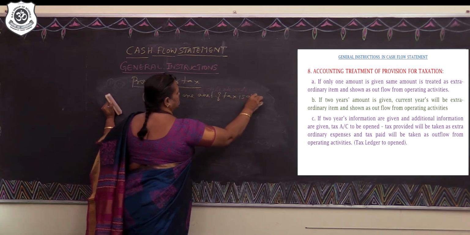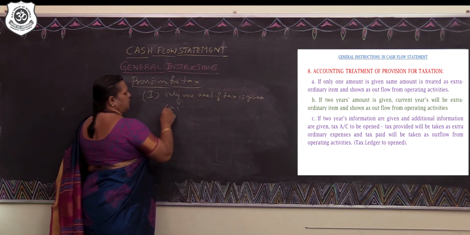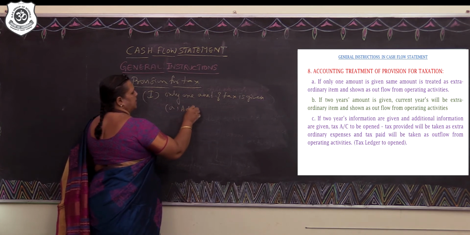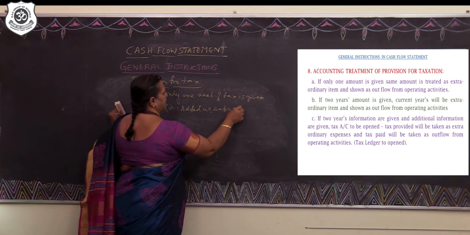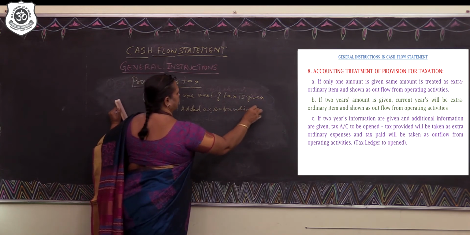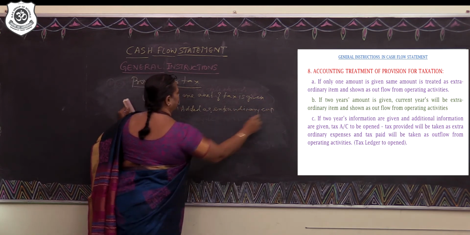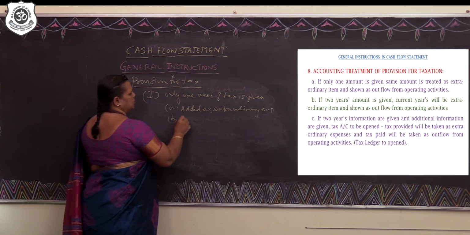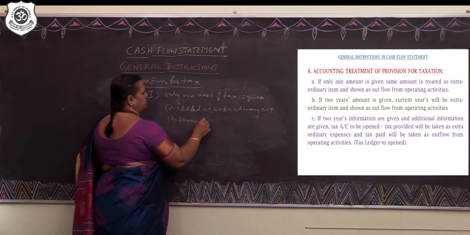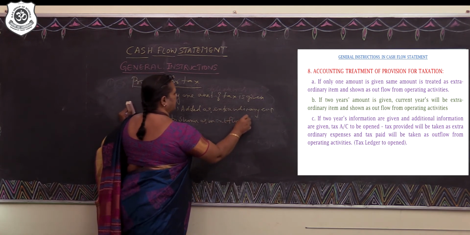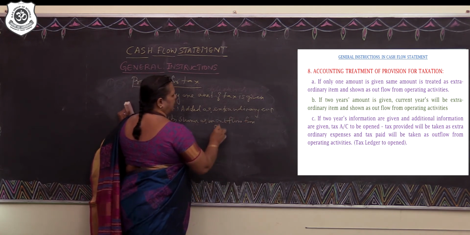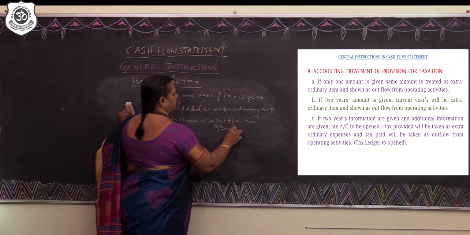In that case, A, added as extraordinary expense, B, shown as an outflow from operating activities.